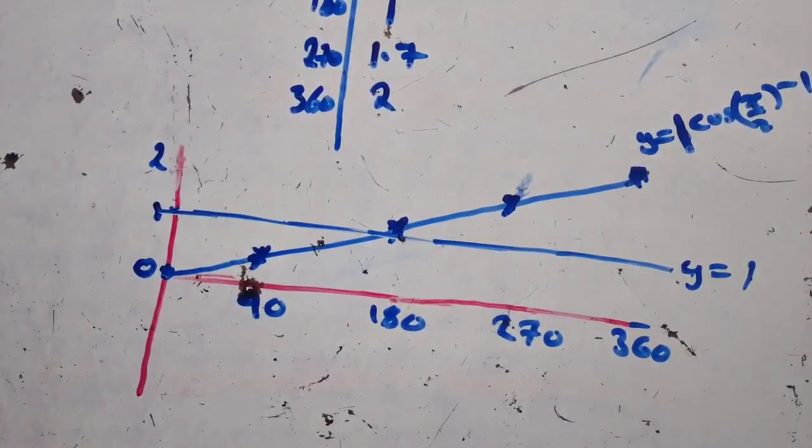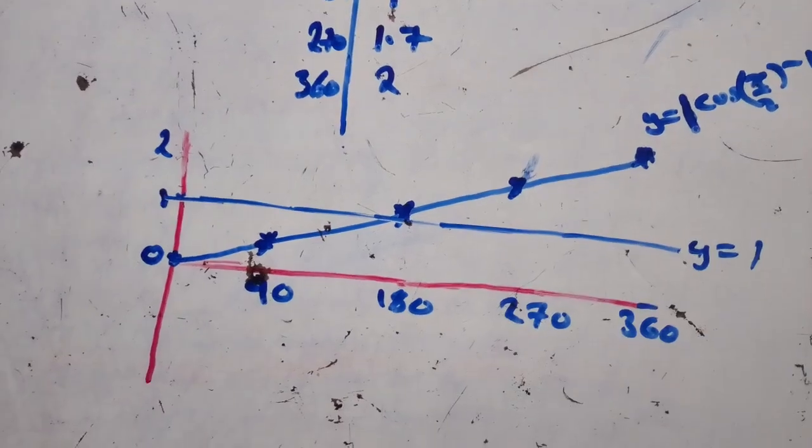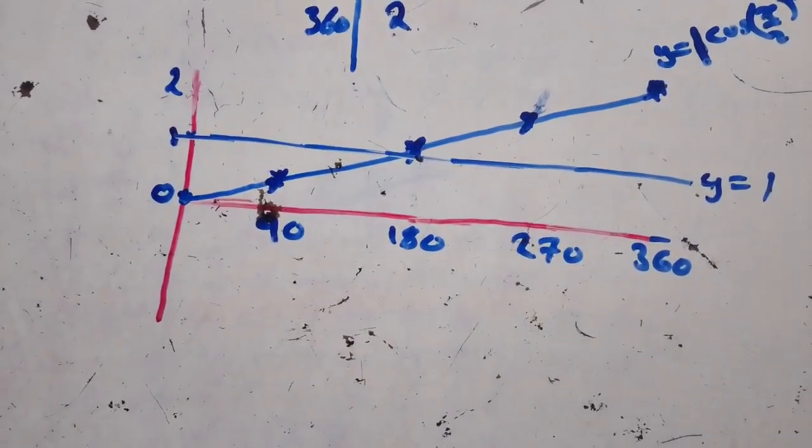The other question that you find after this is, after you have graphed, they will ask: hence state the number of solutions for which the modulus of cos x over 2 minus 1 is equal to 1. I'm just going to write it down here so that you understand what I'm talking about.